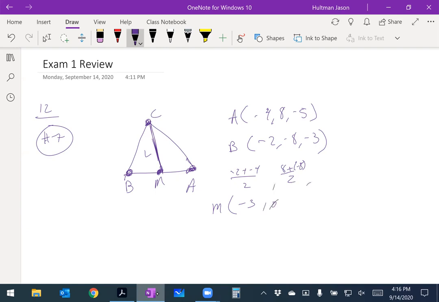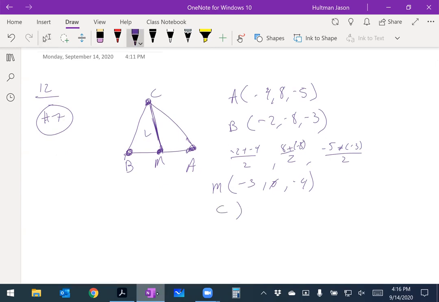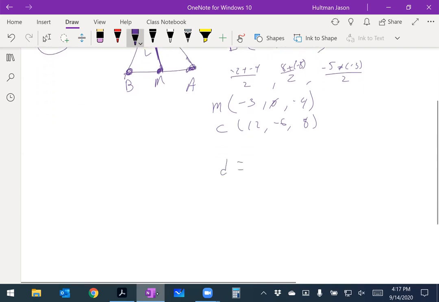And then add -5 and -3, that's -8 divided by 2, that's -4. Now we just find the distance to C. Well, what was point C? C was 12, -6, and 8.